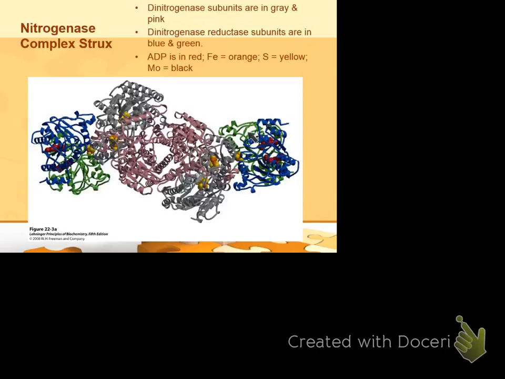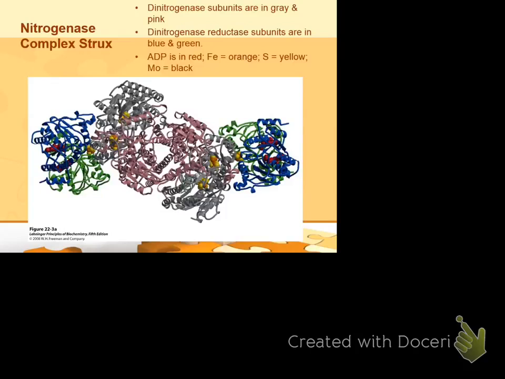So that's why it would make sense that they get reduced first, and then they pass the electrons off through the molybdenums and the irons in order to reduce the dinitrogenase, which is on the interior of the complex. Okay?